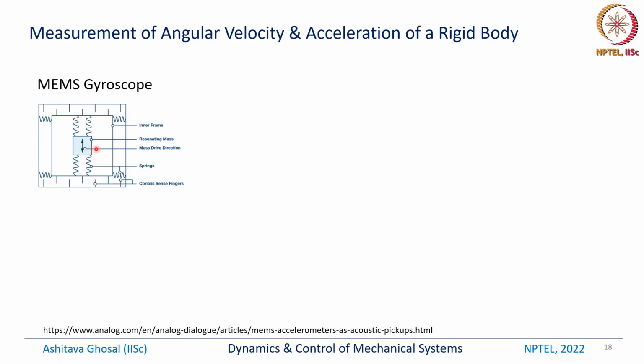And as it moves to the left or right, the distance between these two fingers will change. Okay, and you can sense the change in capacitance. And these springs make sure that it doesn't oscillate too much to the left or right.